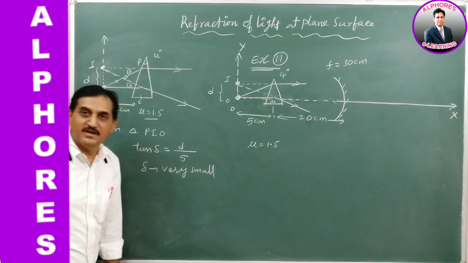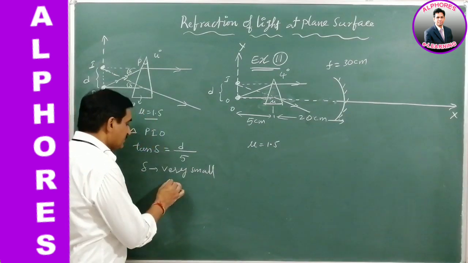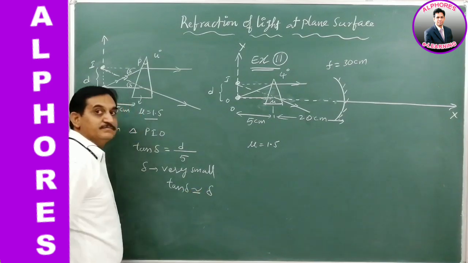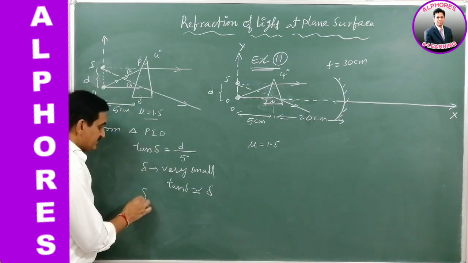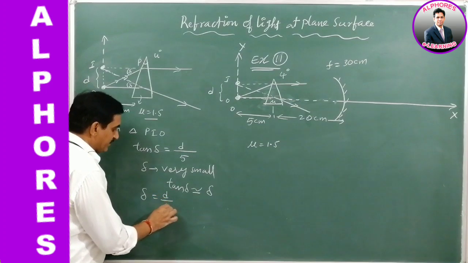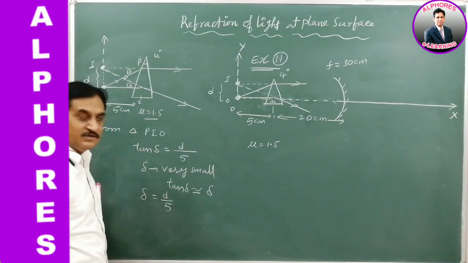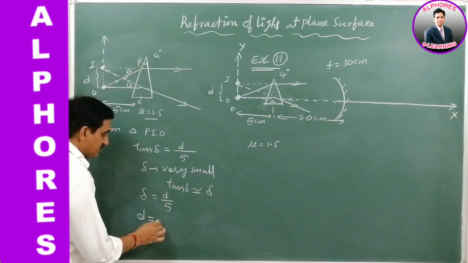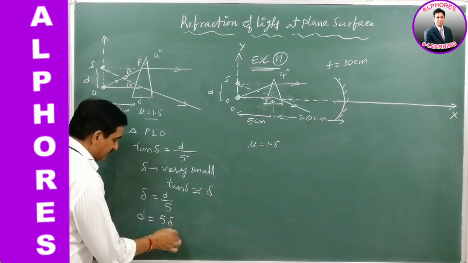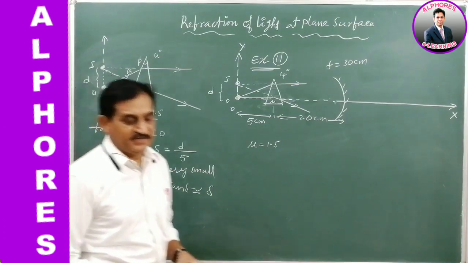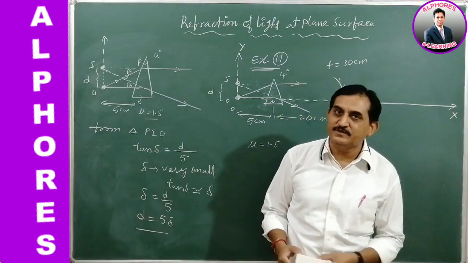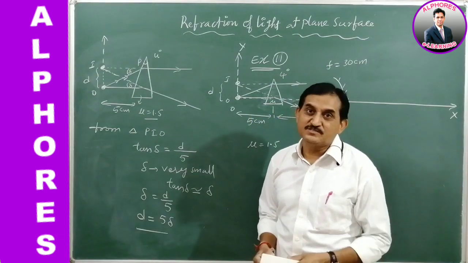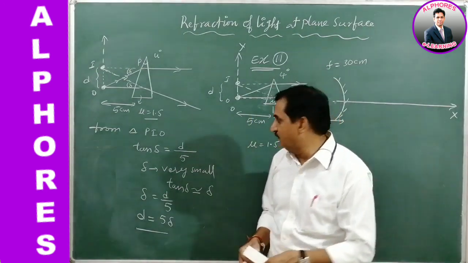If it is very small, then we can take tan delta as nearly delta. Therefore, delta equals D by 5. Now, D is equal to how much? 5 into delta. So we can find the delta value. Delta is the deviation suffered by the light whenever refraction takes place through the given small angled prism.